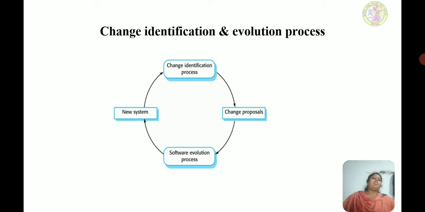It has to evolve for the new system. Once it is complete, it moves again to the new system. It forms a cycle. It is repeated through identification and the evaluation process. As soon as the new system exists, any changes have to be identified and proposed. After proposing that, we make the evaluation of the software process.